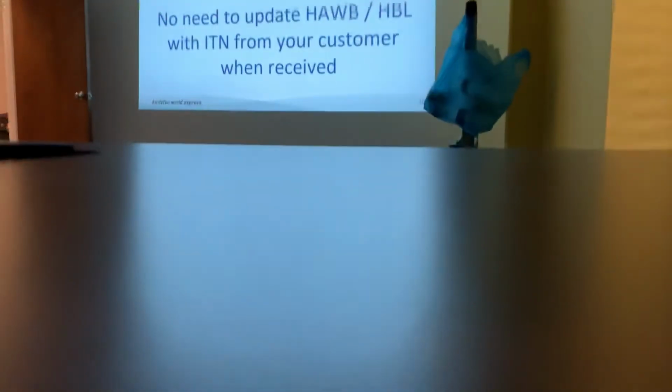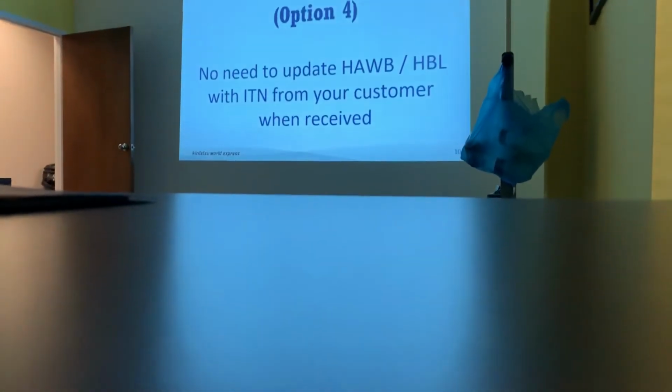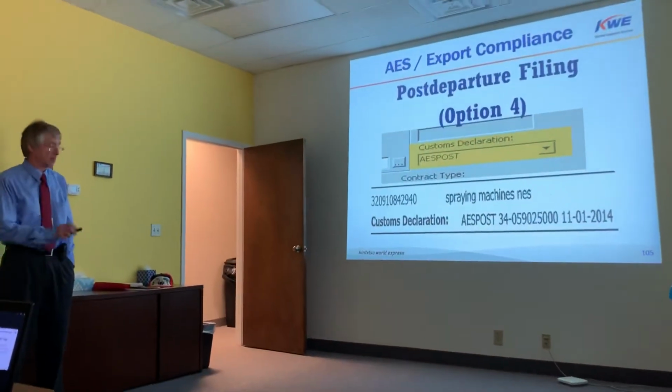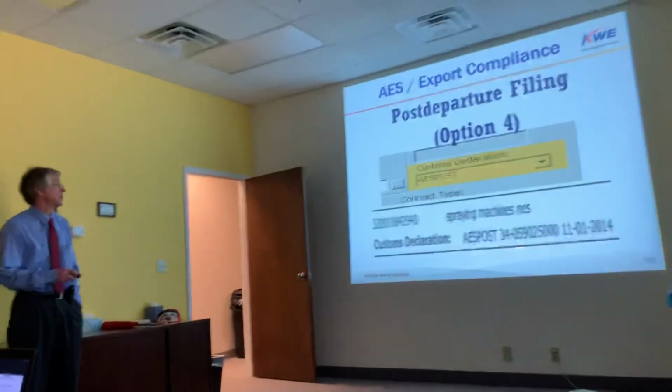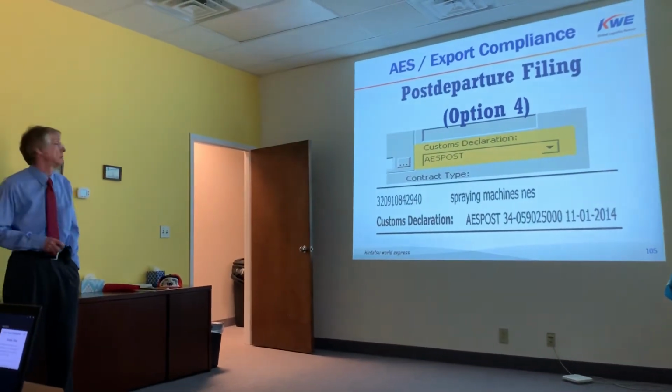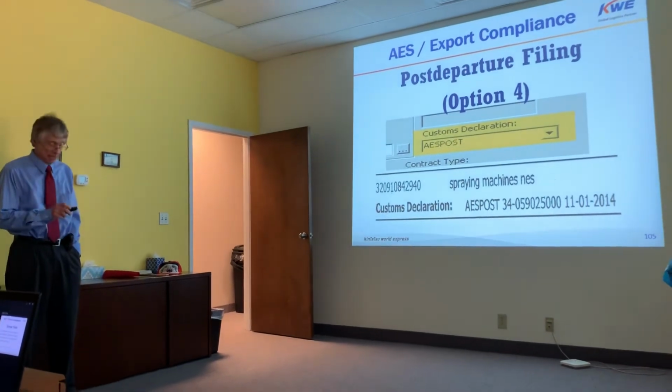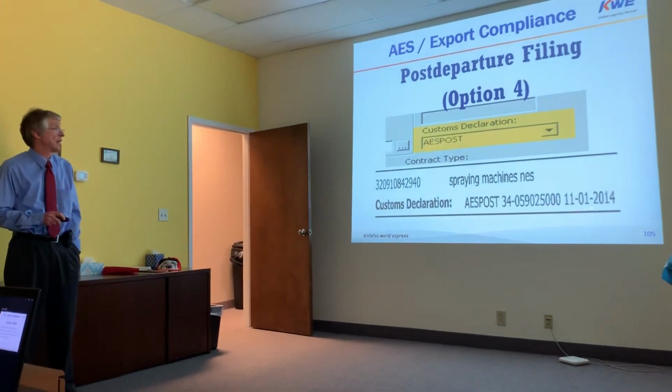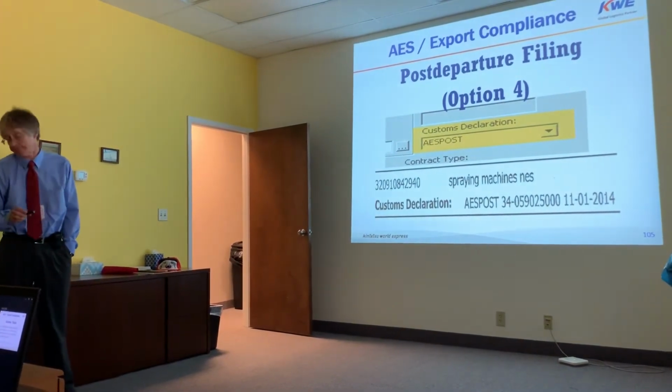Well, no, we don't. You just put AES post and you're done with it. There's no follow-up required. This is all you have to do here, and then this will show up on your airway bill and your manifest: the 11-digit EIN and the date of export.